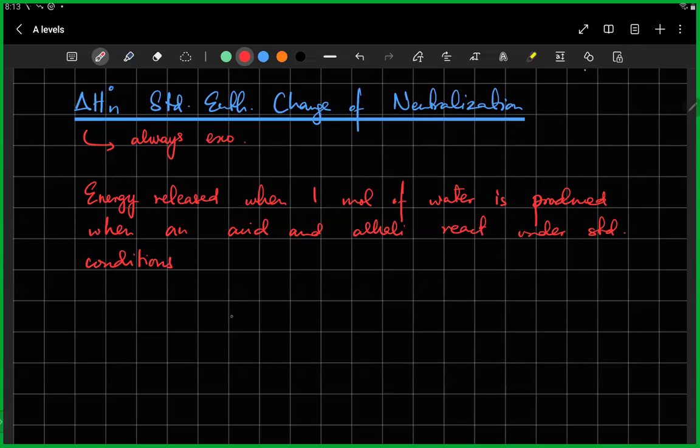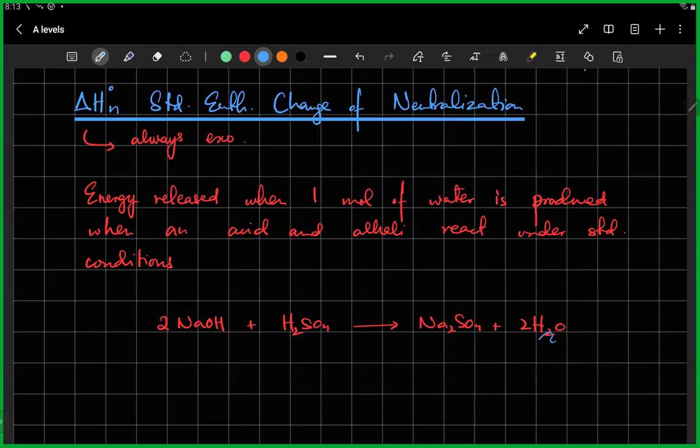ठीक है, so for example, you've got NaOH and you've got sulfuric acid and they're reacting and they produce sodium sulfate and they produce water. और इसको balance कर लो. Is the enthalpy change of this reaction delta HN? ये है कि नहीं है?